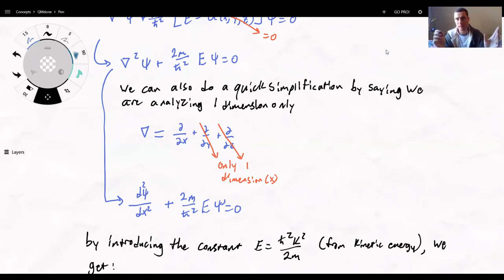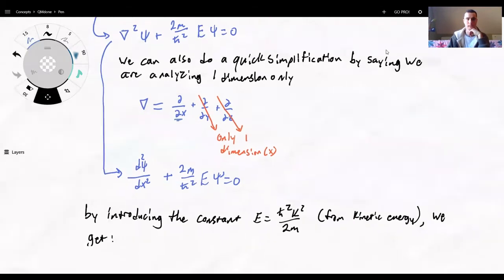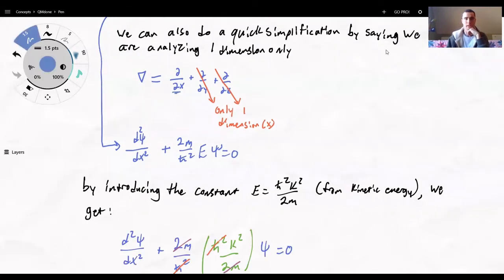We're going to imagine a free particle that can move anywhere on an x-axis. If that's true, then the gradient only has one term in it, which is this one. We're going to remove those d/dy and d/dz terms, so that gets simplified a little bit. Now we have the second derivative of our wave function here, we have our energy term with our regular wave function here, and that's going to be equal to 0.